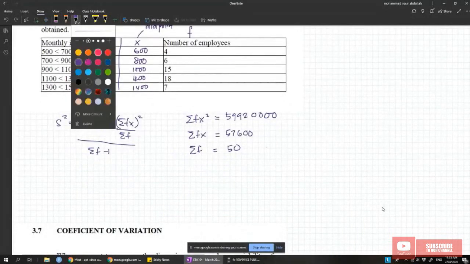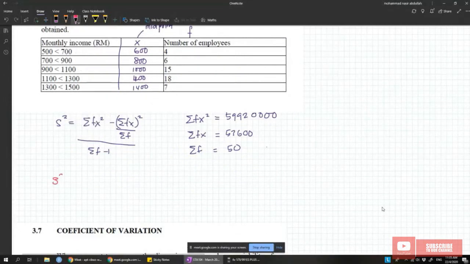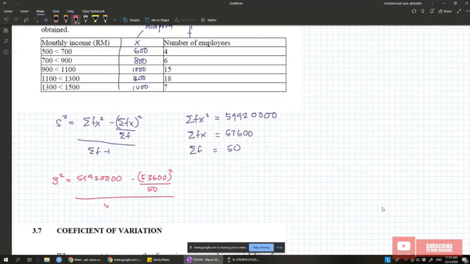So once you get all the values, just input the values into the formula. So s square should be equal to 599,200,000 minus 53600 to the power of 2 divided by 50, everything divided by 50 minus 1.